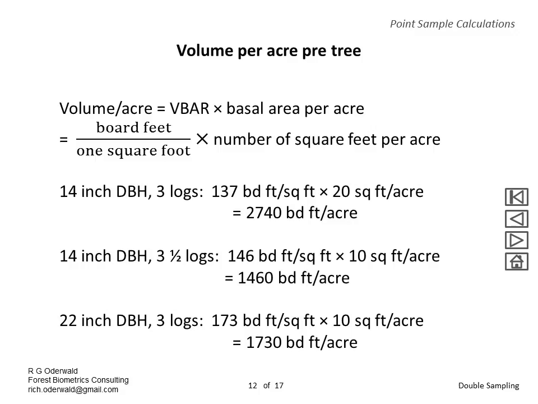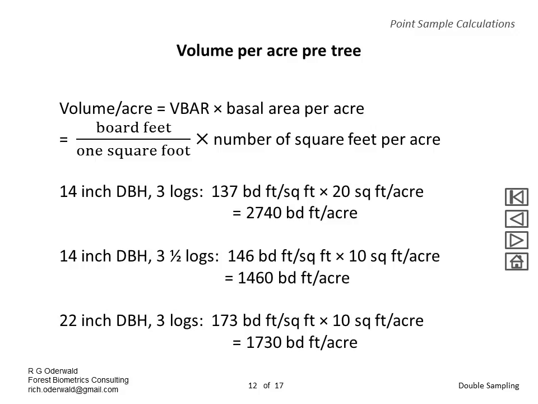Step 6. The volume per acre per tree calculation is almost as easy as the basal area per acre per tree. Volume per acre is equal to basal area per acre multiplied by the volume basal area ratio.